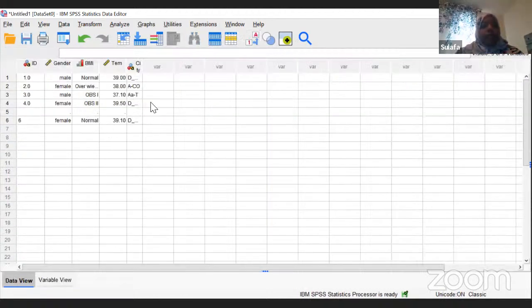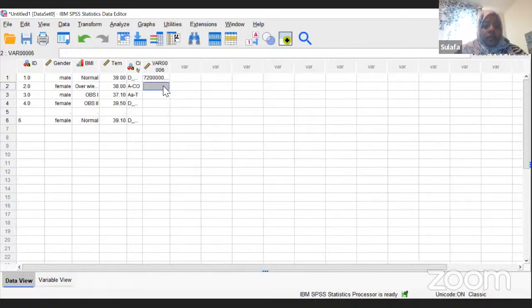Also, we can add a phone number here. So the participant phone number, you can also add it here, and some will be missing.